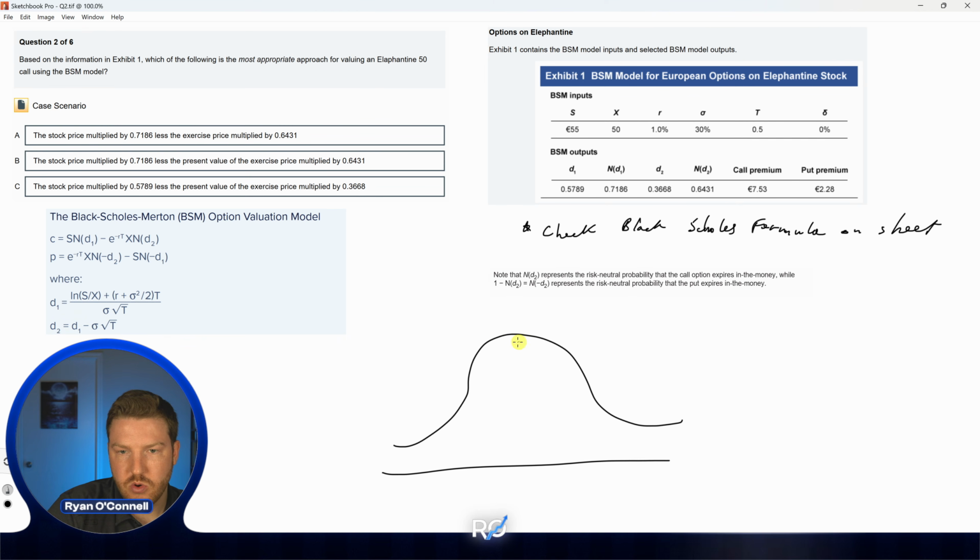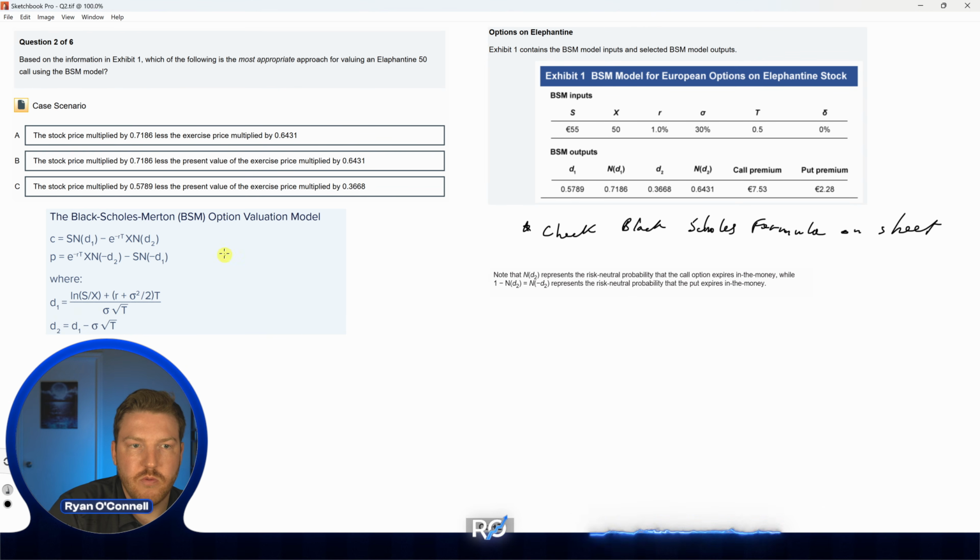If we did a z-score of 0, it might fall somewhere on the mean, for example. And then we're trying to find what percentage of the outcomes happen in this cumulative probability distribution. So for the ND2, that's going to be the one that represents that this option actually expires in the money. So we're figuring out some probability of the stock price being a certain value and multiplying it by the stock price.